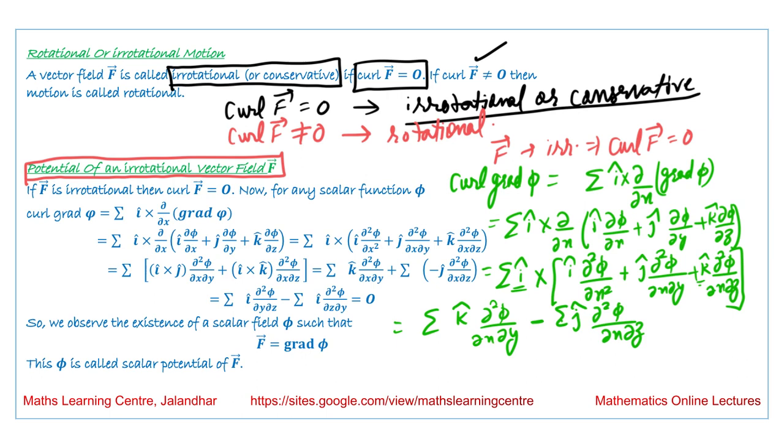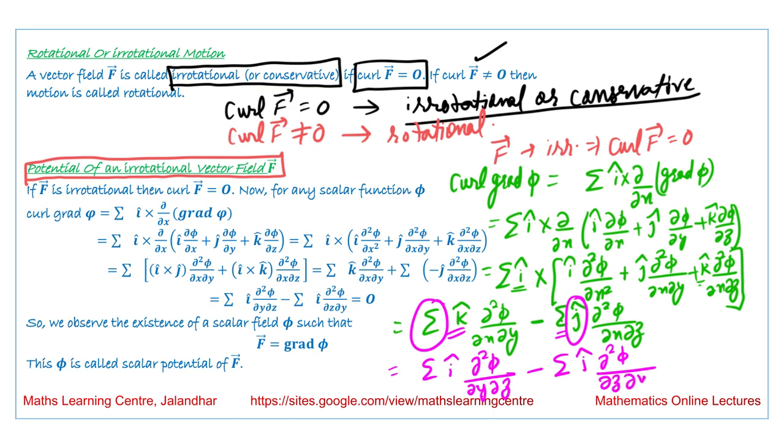Again, if we write in terms of i, we are summing over i cap, with curly 2 phi by curly y curly z minus sigma i cap curly square phi by curly z curly y, and this value comes out to be equal to 0.